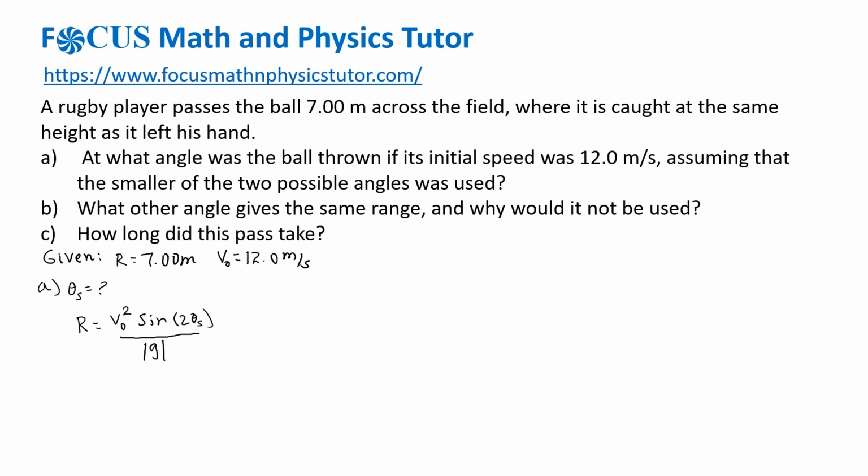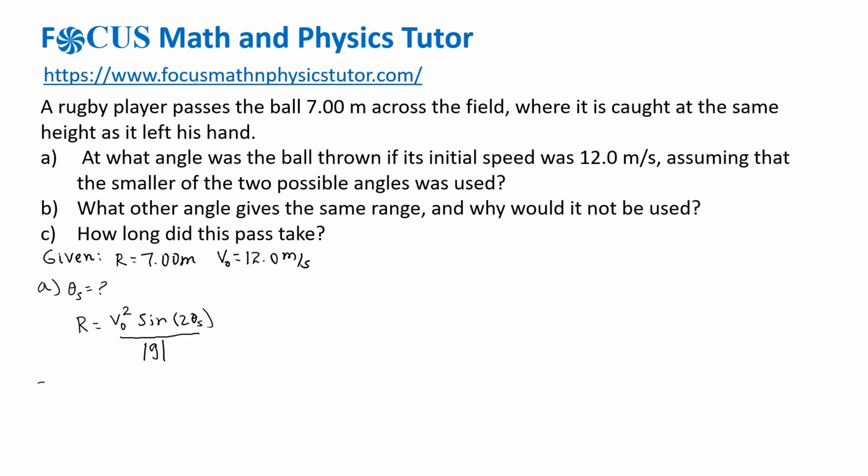So we have everything except the angle. Just rearrange the equation for theta. If you multiply both sides by the absolute value of gravitational acceleration and divide by the initial velocity squared, we get sine 2 theta equals R times the gravitational acceleration divided by v naught squared.